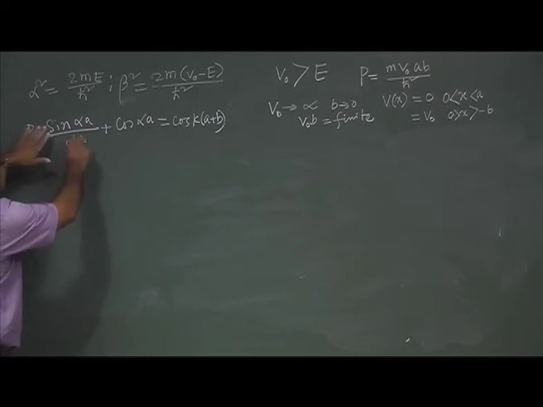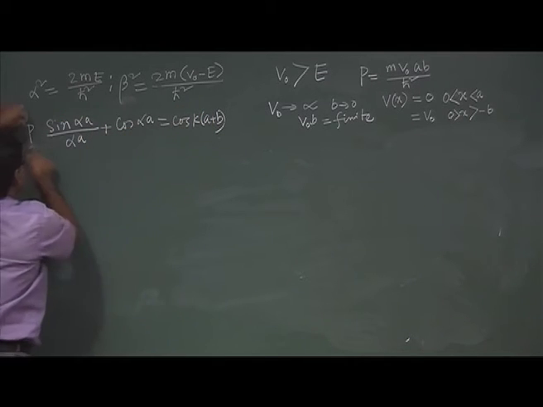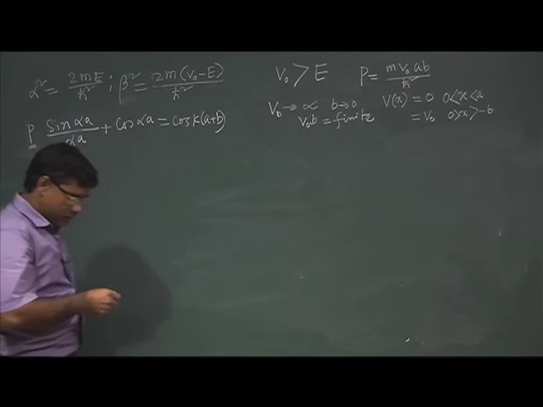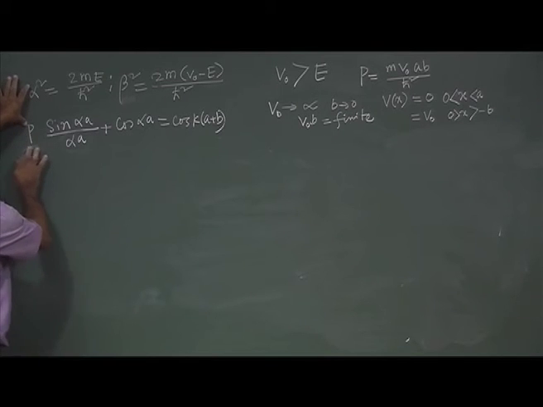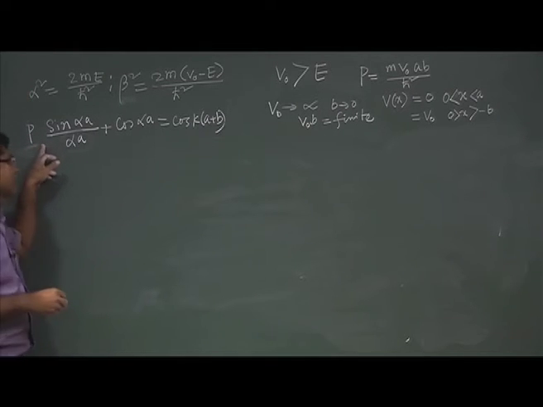So here, if you see the dimension of the sin and cos terms, P by alpha a has the same dimension, so this P will have the same dimension. So P also can basically be written in terms of some angle in radian.